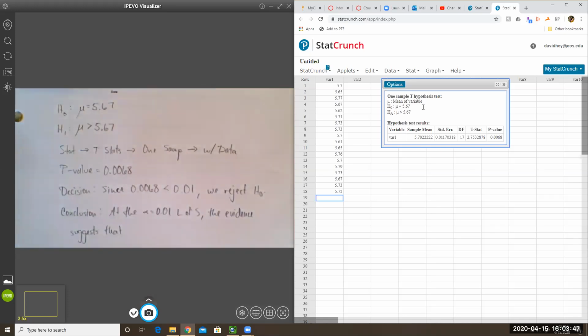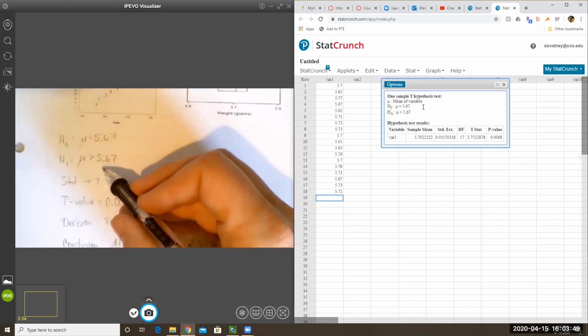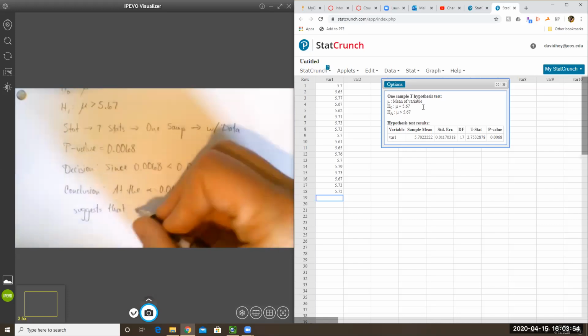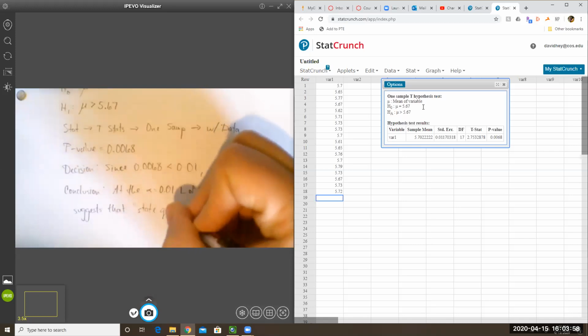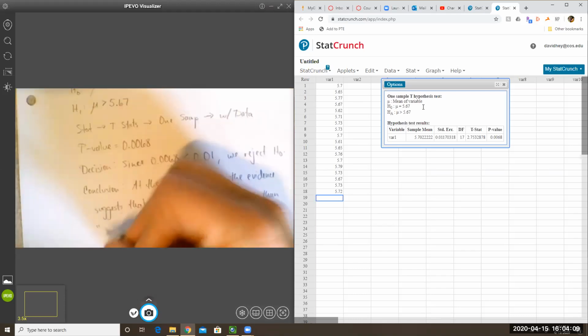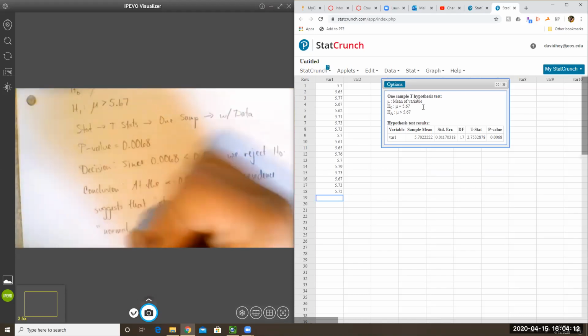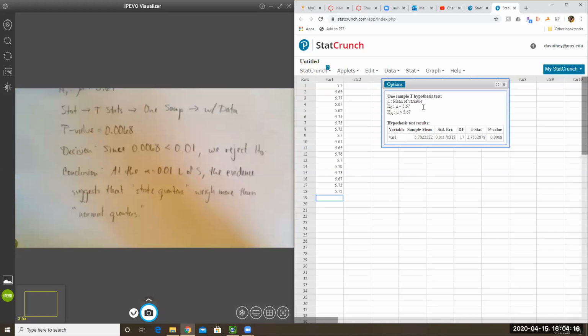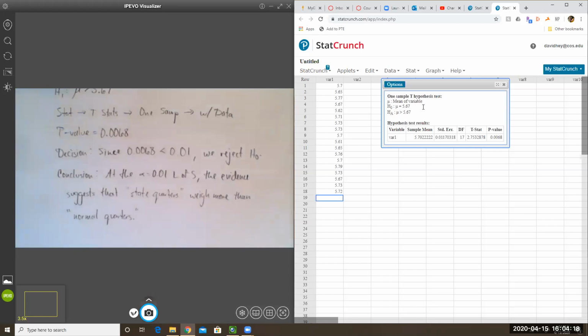So the evidence suggests that the alternative is true, that the state quarters weigh more than the normal quarters. And that's that.